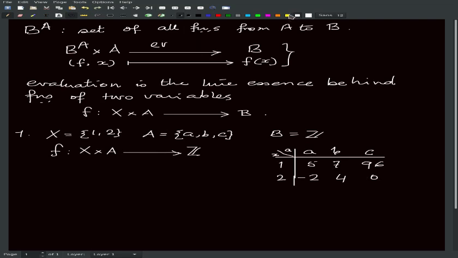Now, if you fix A, or for each fixed x, for instance, so you fix x equals 1.